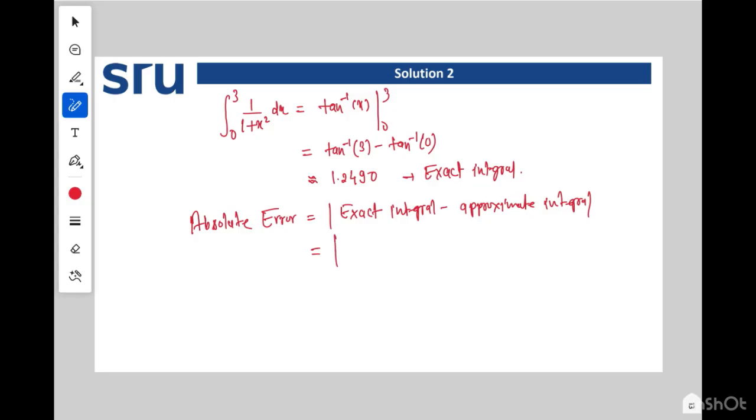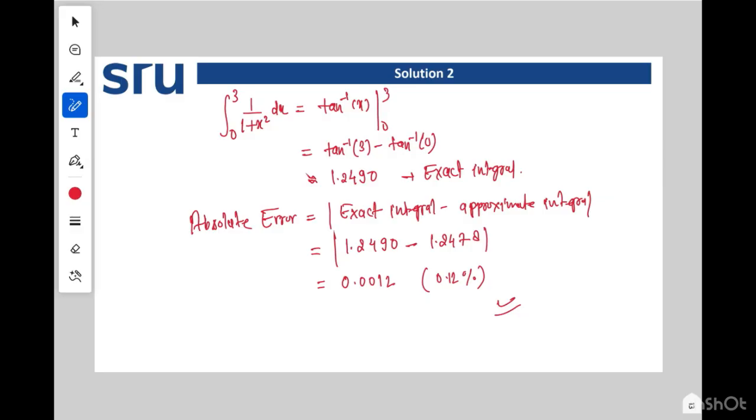The exact integral value is 1.2490, minus the approximate integral value 1.2478, okay. So this is 0.0012, or we can write that the absolute error is around 0.12%, okay. So if you see, the result is very close to the exact result.